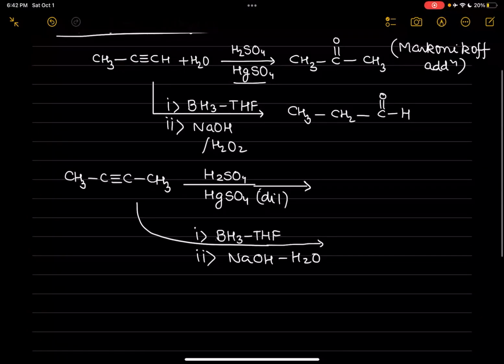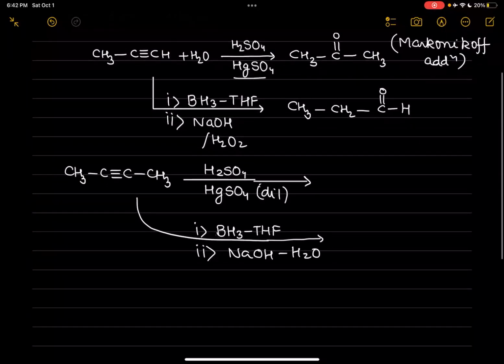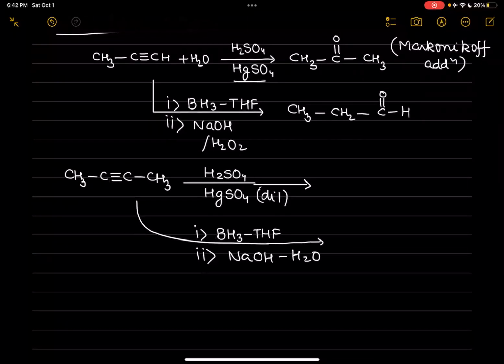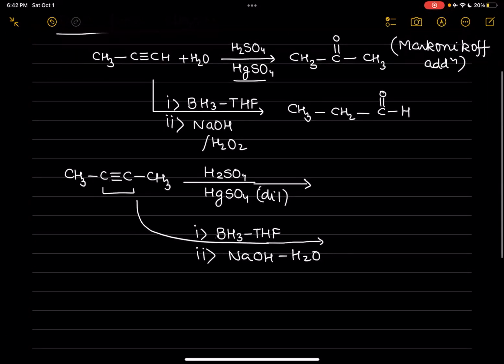So we can get the oxygen group on either of the two carbons in the middle, where both carbons are the same. Yes, sir. Because both carbons are the same, whether you add H here and O here or O here and H here, it is not going to affect the mode of addition.